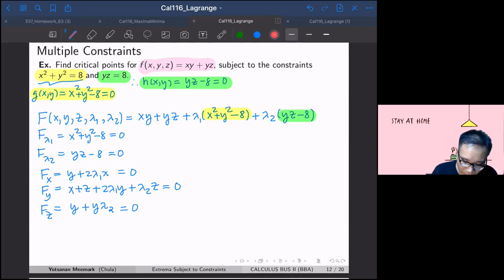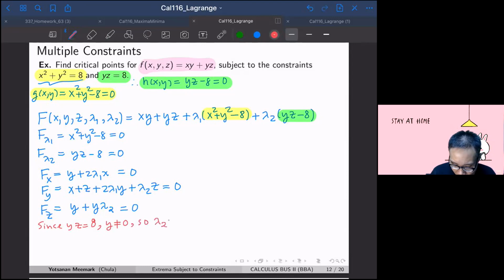Okay, so you note that since you have the constraint yz equal to 8, y is not equal to 0. So y not equal to 0 will allow you to solve for lambda.